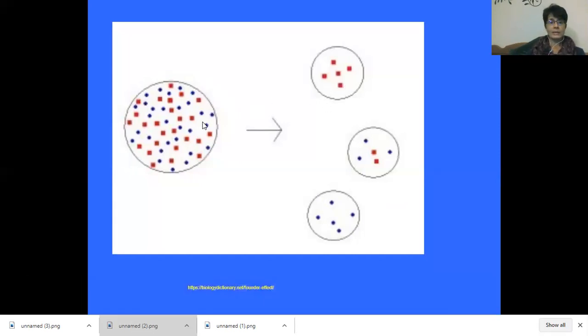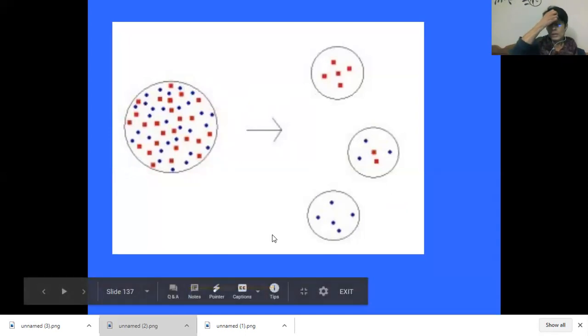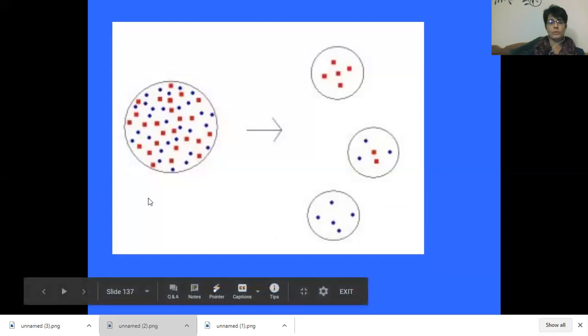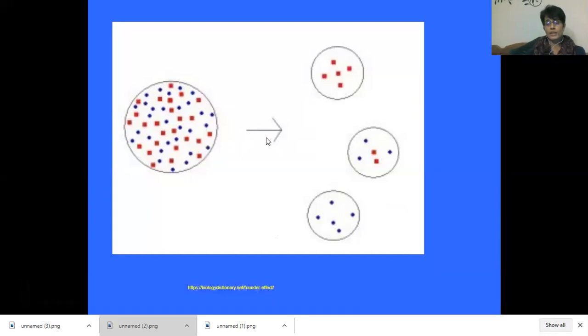Depending on what genes are present in those smaller groups, which then go to another area and become the founding population in that new area, depending on what genetic variation they have, will determine the future trends in allele frequency, if you remember that term. So it's either the red or the blue allele.